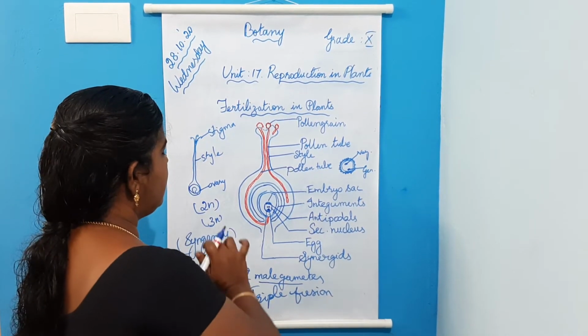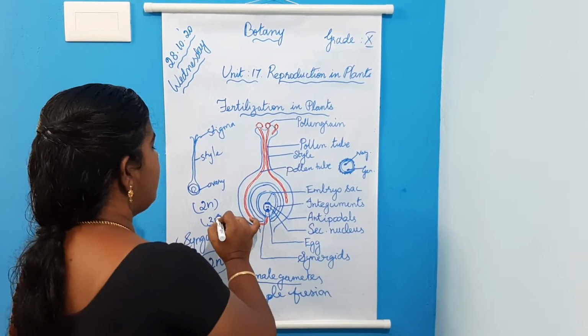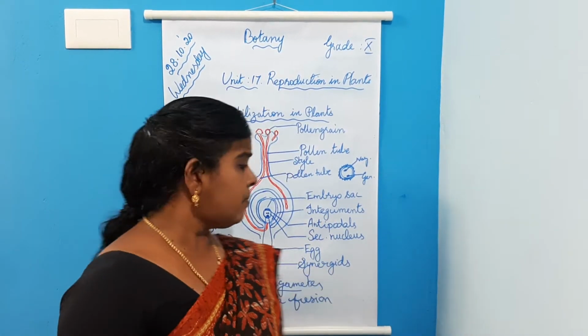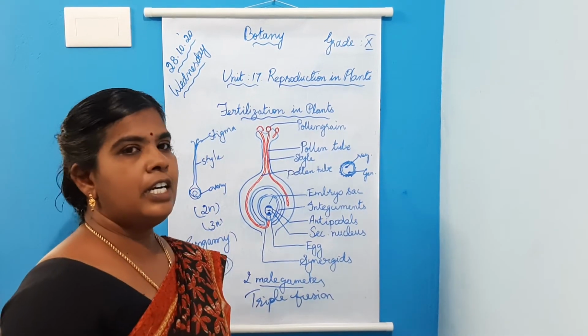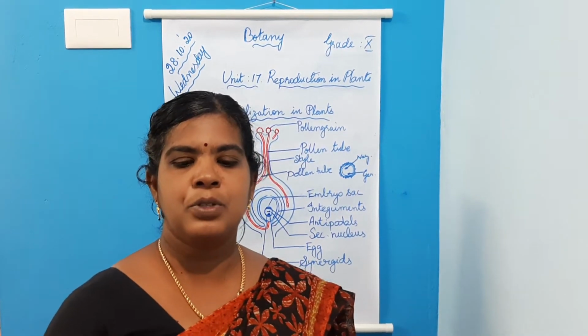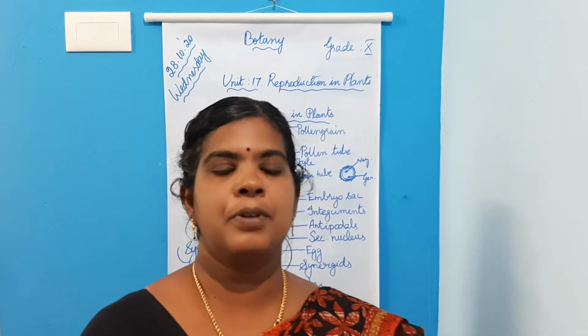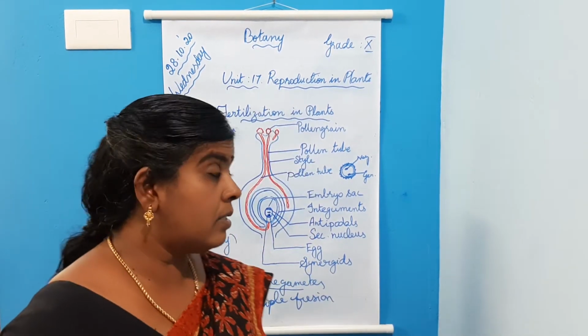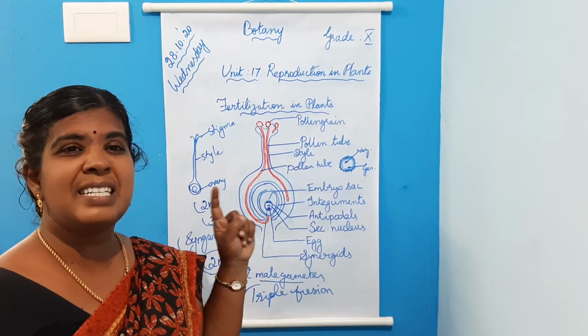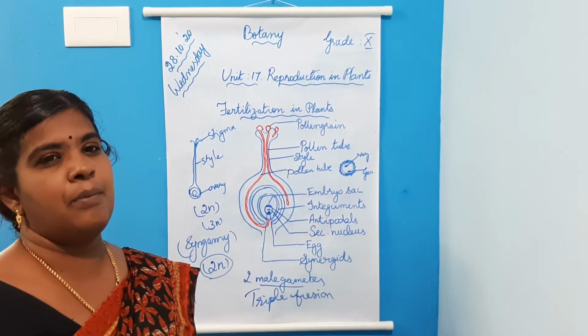But in triple fusion, the nuclei are triploid in nature, so it is triple fusion. After triple fusion, the endosperm nucleus develops into endosperm. It nourishes the developing embryo.